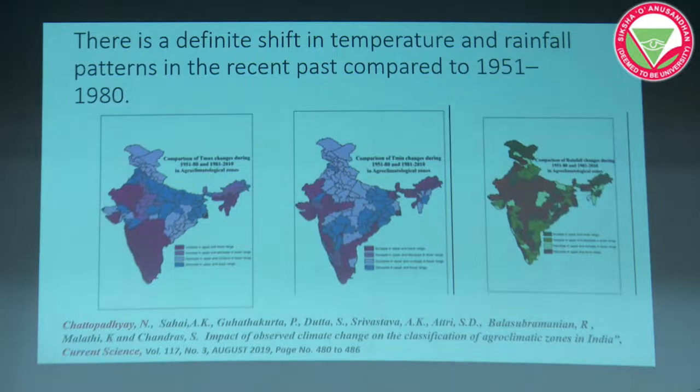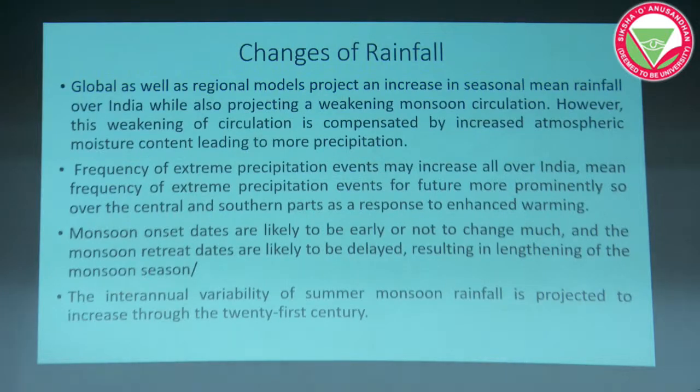into agroclimatic zones. Now, regarding changes in the rainfall, as already mentioned, the monsoon will be weak, but moisture content will be relatively high. As a result, the monsoon will bring rainfall, but over a very short span.